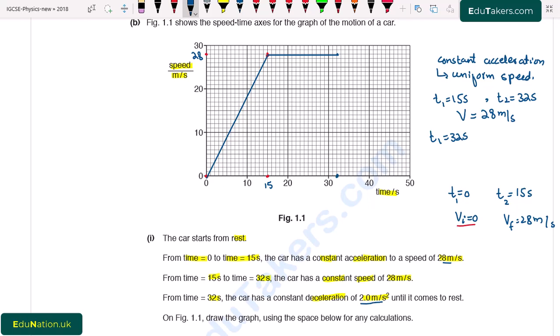So here first of all we have to find out the value of time at which the car comes to rest. For that I write a point. First of all, at 32 seconds, this point, the speed is 28 meter per second.